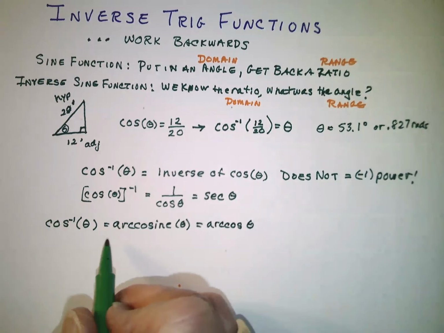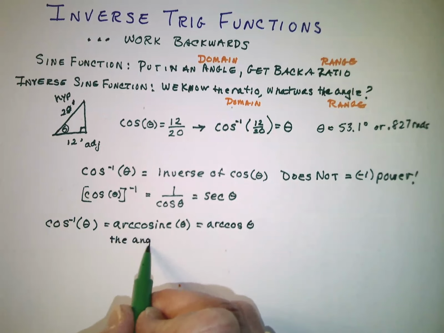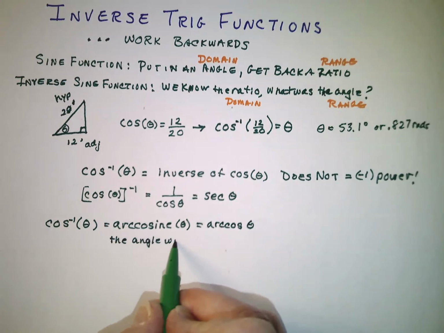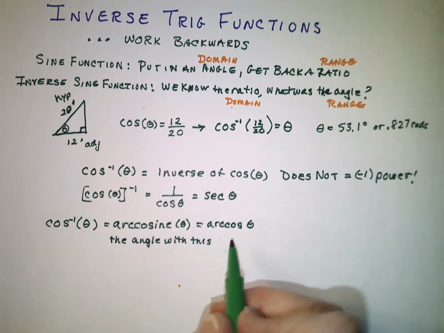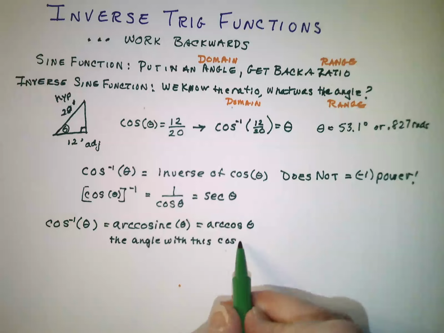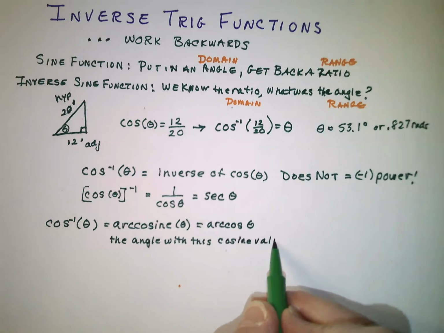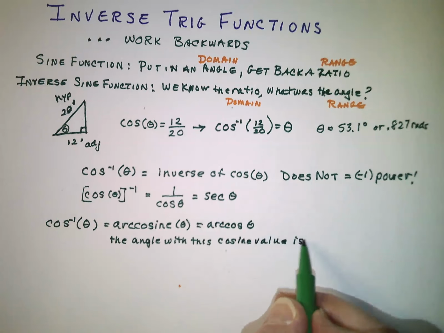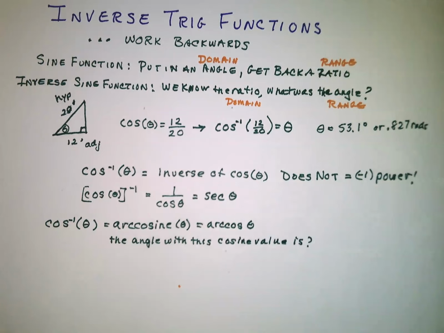And it means the angle with this cosine value is what? Basically, find the angle with this cosine value.